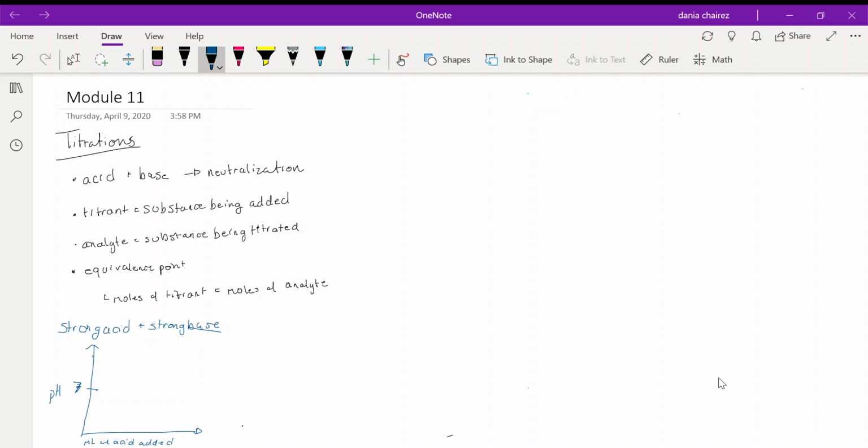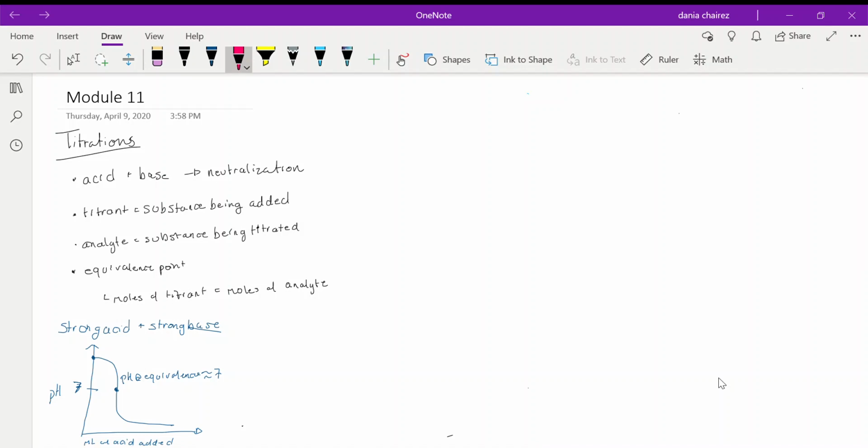Because this is just a rough graph, not an actual plot point, just somewhere above 7, and then it's going to go down quickly and then level off again. Because it's a strong base and strong acid, our pH at equivalence is going to be about 7.